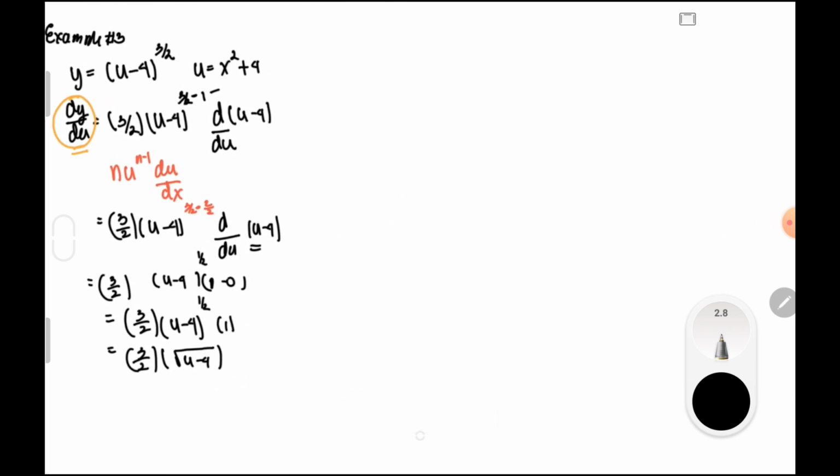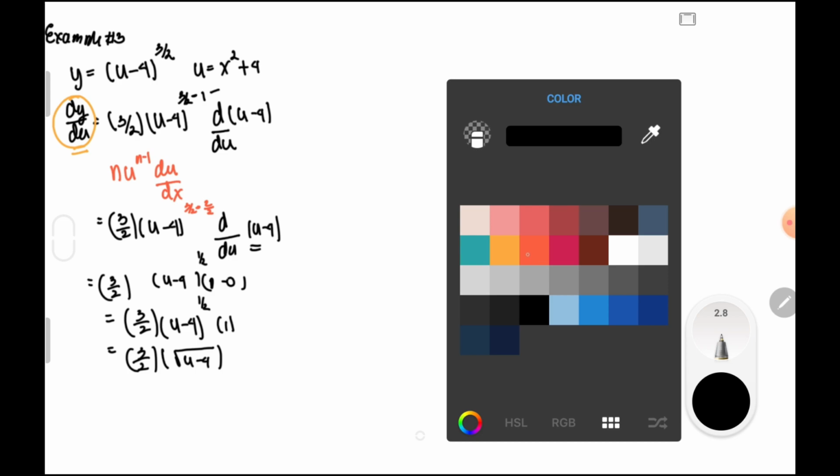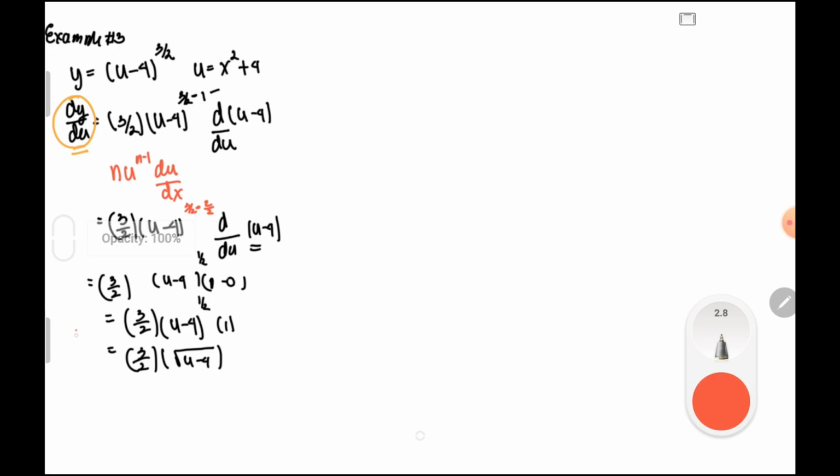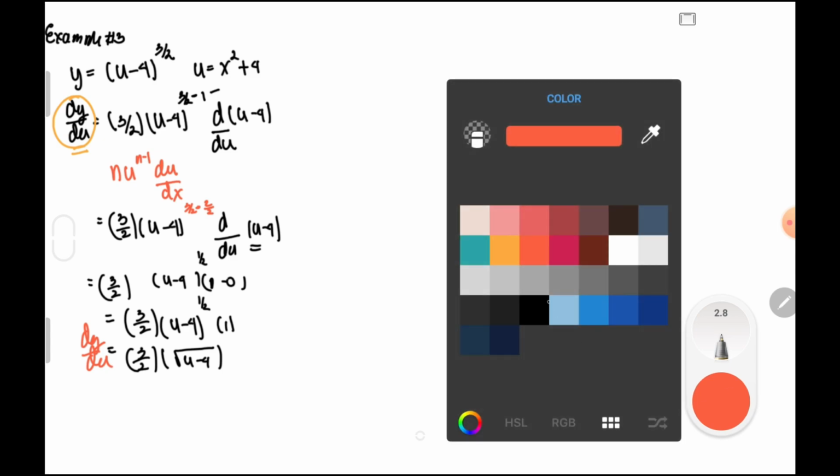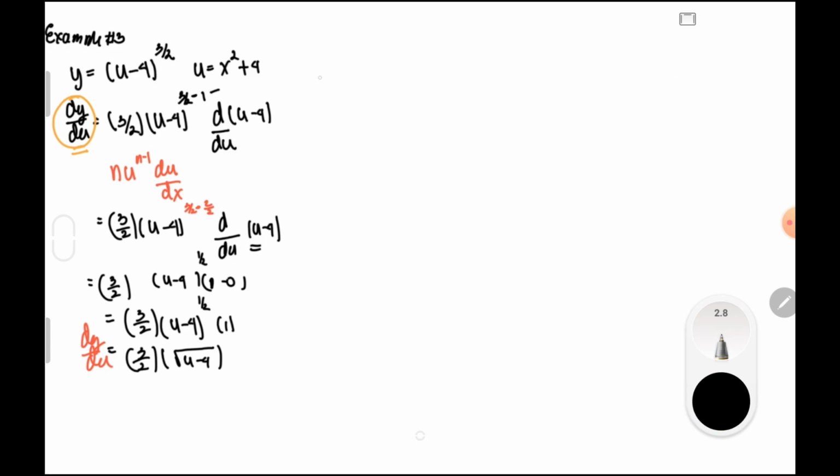So this is our dy over du, and then we have our du over dx, wherein the derivative of u with respect to x will be equal to the derivative of x squared plus 4 with respect to x, which is equal to 2x.